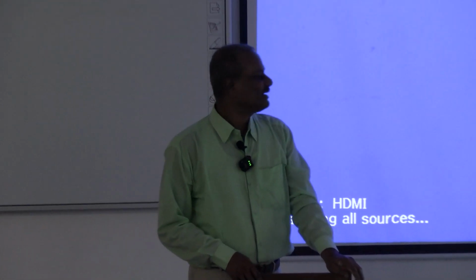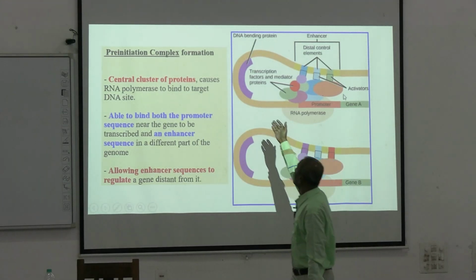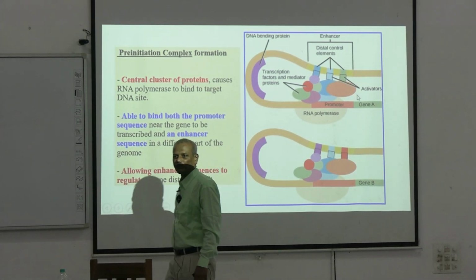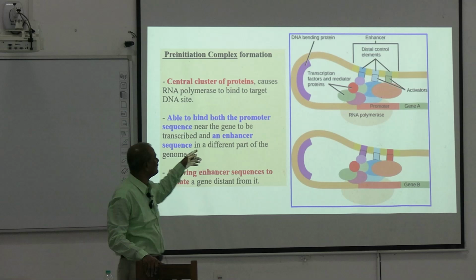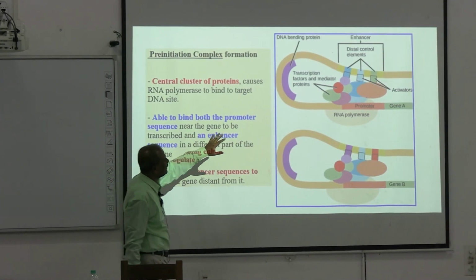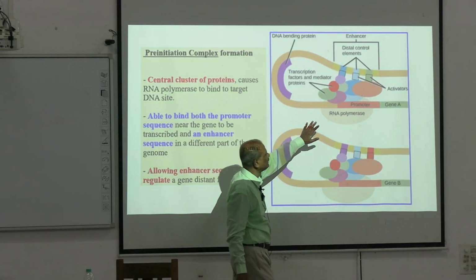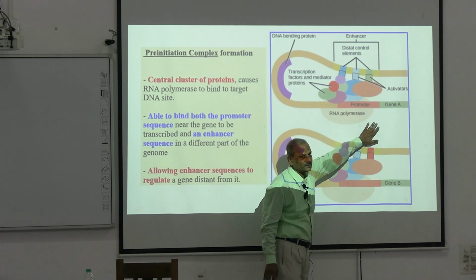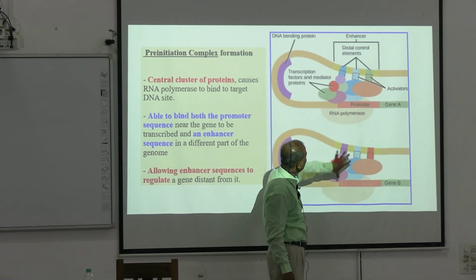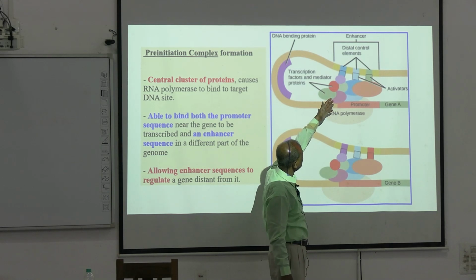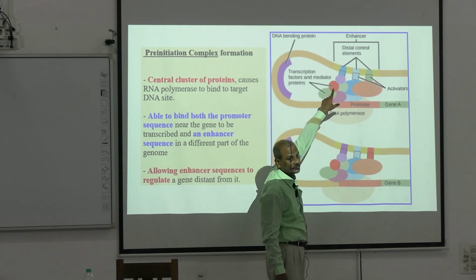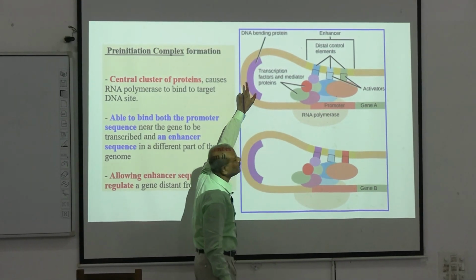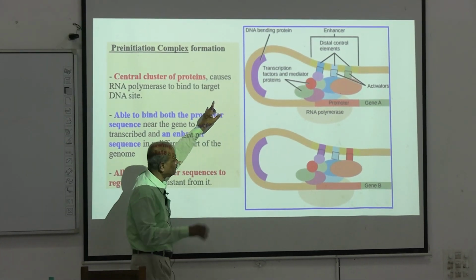And as I told you, the TATA binding protein causes bending. A number of activators are there which are located upstream, they are bound to each other. Suppose this is gene A, this is gene B, and they bind to each other, and this is the distal control element, and this is the region of DNA bending protein, that is TATA binding protein.